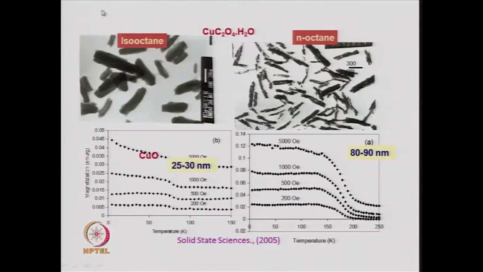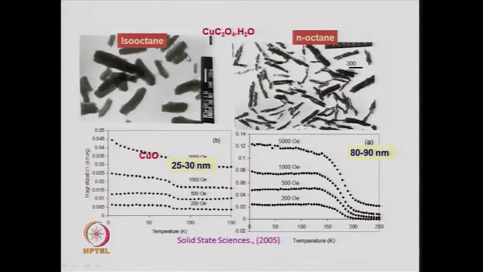So, now let us look at their magnetic properties. This is an example of copper oxalate. It crystallizes as a hydrate, so the actual formula is given here: 1 copper to 1 oxalate ion and 1 mole of water is hydrated, and you can find out the structure using X-ray diffraction etcetera.